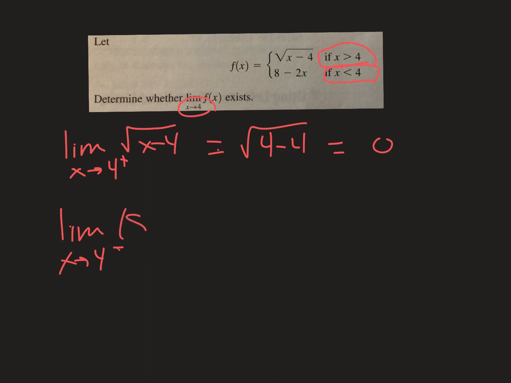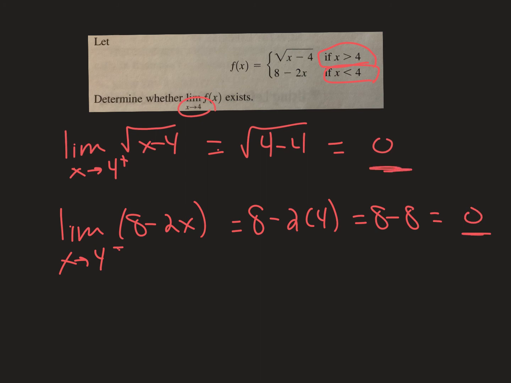So I'm going to do the 8 minus 2x. Now, remember, the answer will be that it does exist, and I can find the limit, if they're the same. Again, use direct substitution, plug the 4 in, that'd be 8 minus 8, which is 0. Because both of these limits are 0, I approached it from each side of the 4 and got 0, the limit would be 0. So the answer is 0.